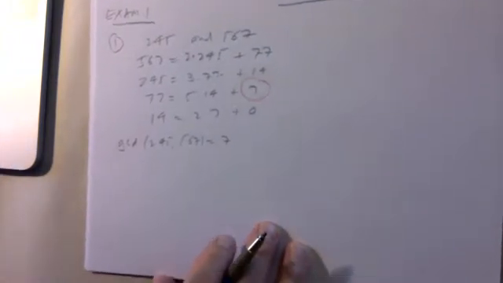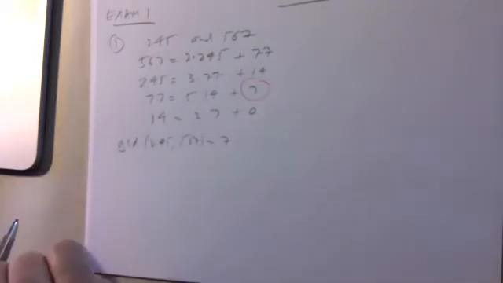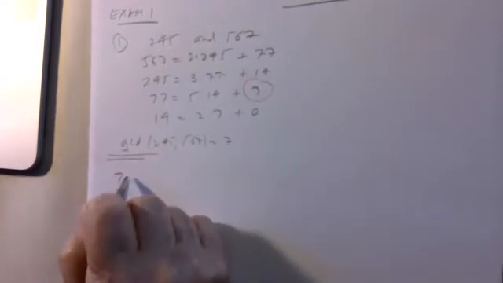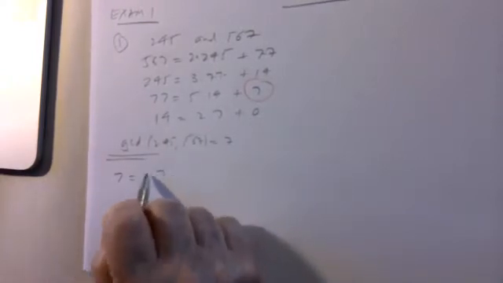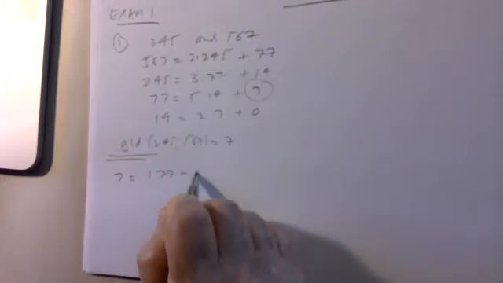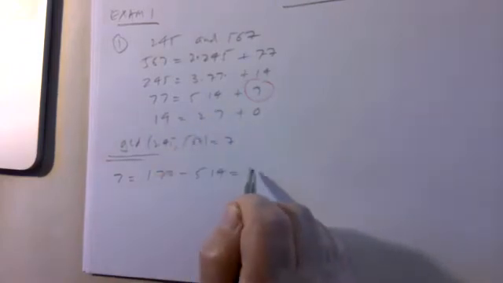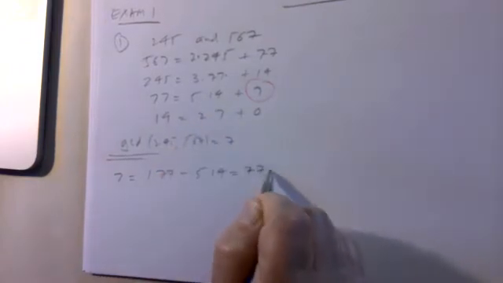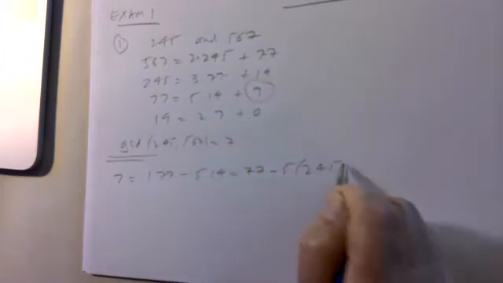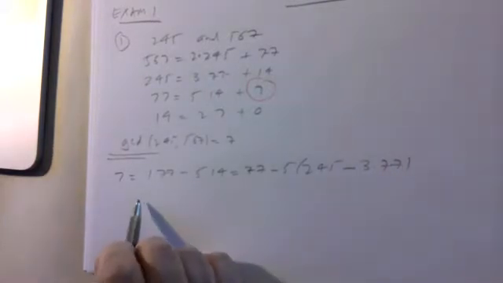And then we want to use the Euclidean algorithm to write 7 as a linear combination of these 2 numbers. So we have 7 is 1 times 77 minus 5 times 14. But 14 is 245 minus 3 times 77.